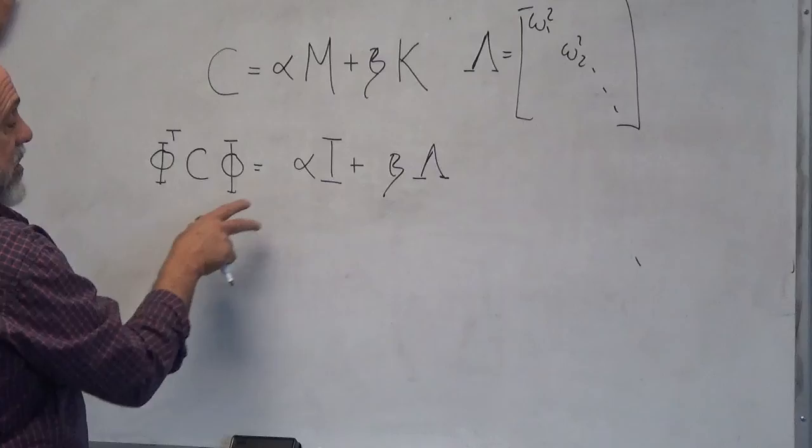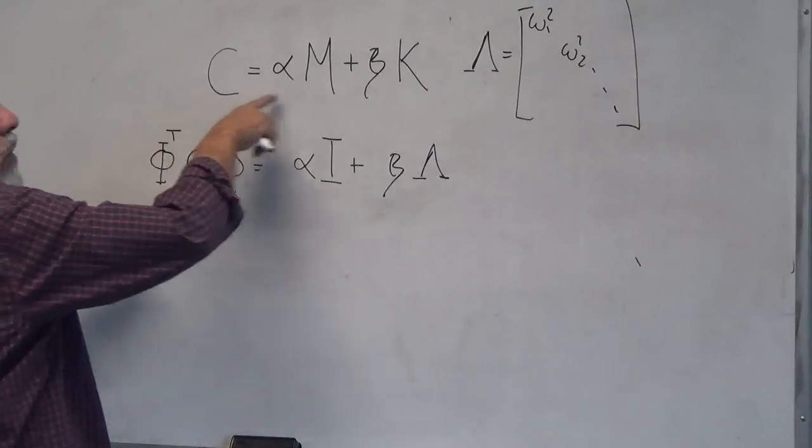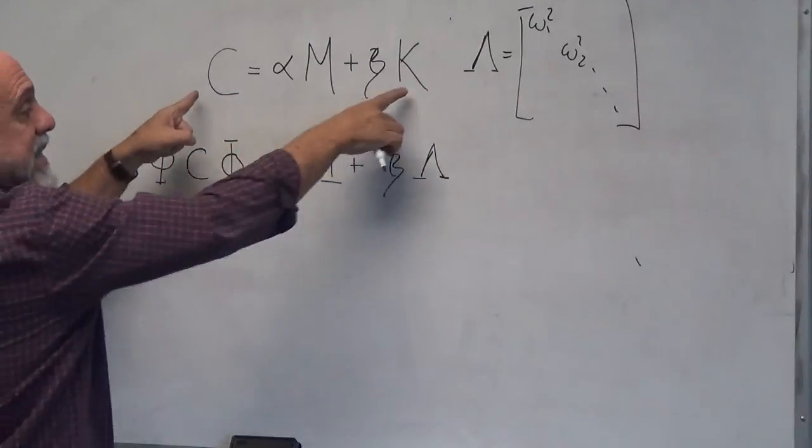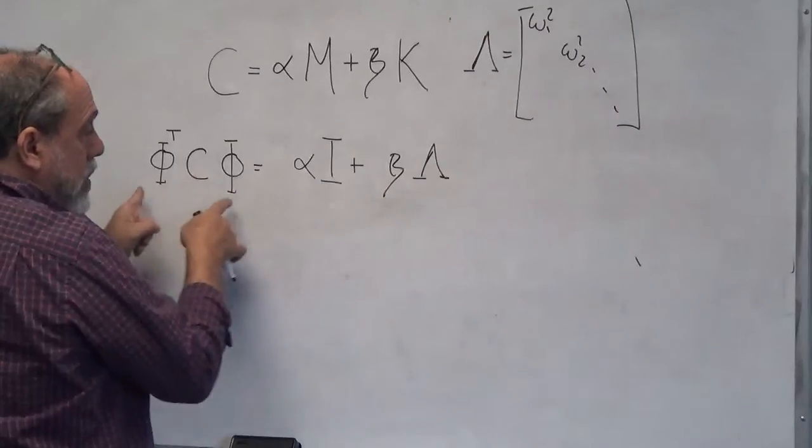Therefore, it's obvious that this form is classical because it leads to a diagonal matrix.